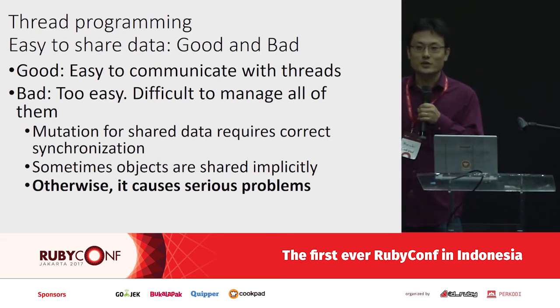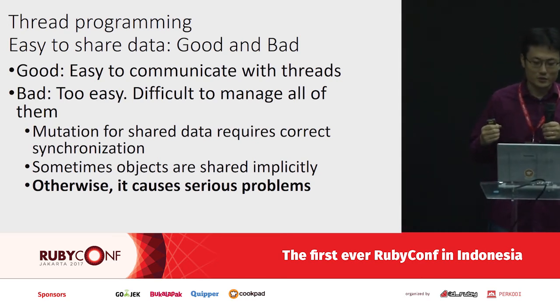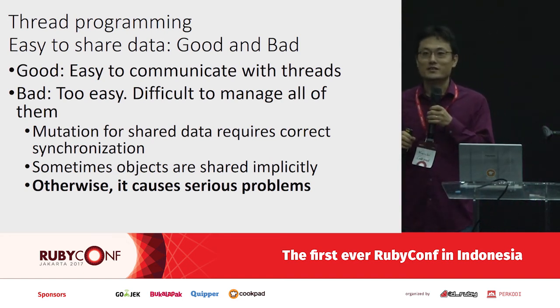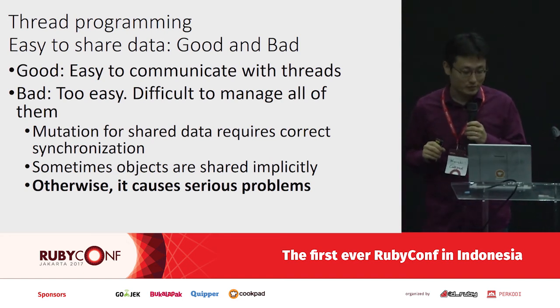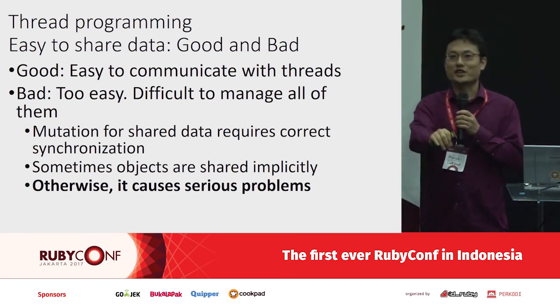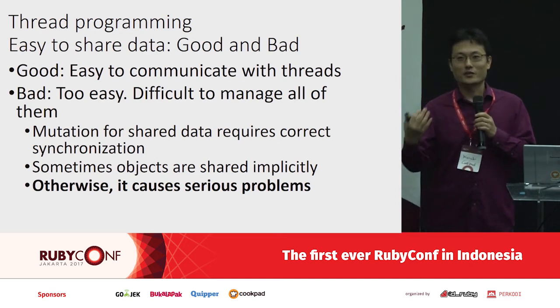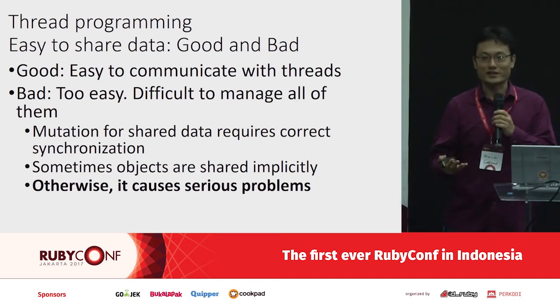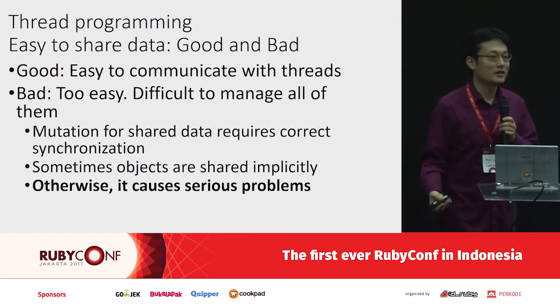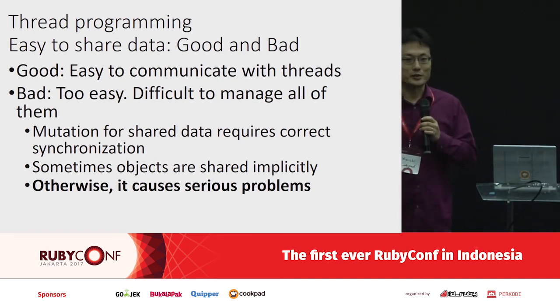Mutation, so reading and writing a shared object, requires complete synchronization. Sometimes objects are shared implicitly. Programmers don't think it is shared, but sometimes it is shared. So this is a problem.